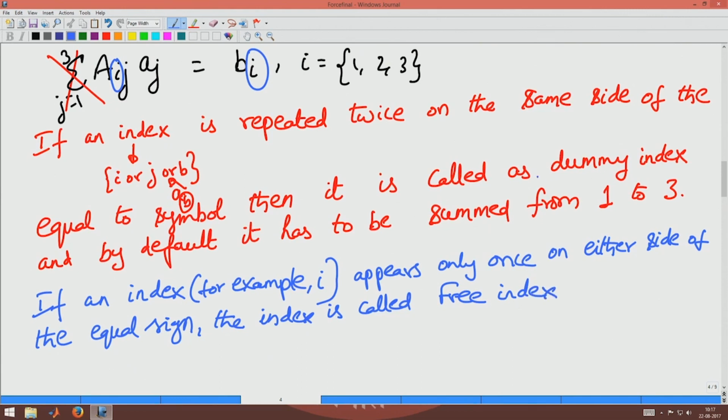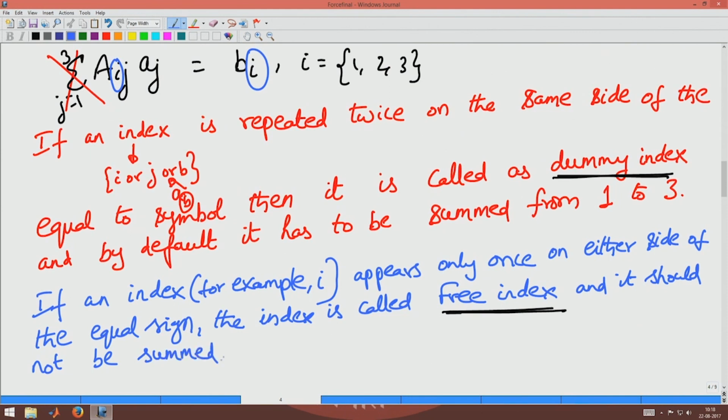In contrast to the dummy index, this is called a free index here. It should not be summed from 1 to 3.